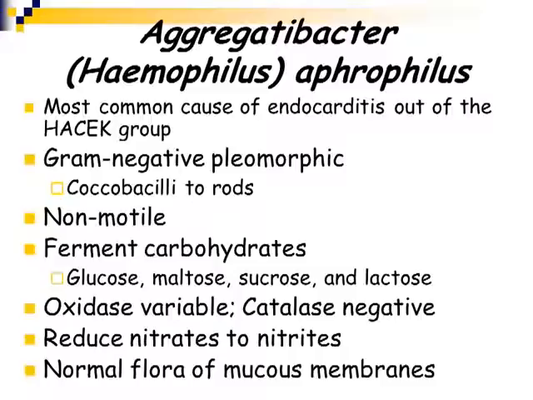They ferment carbohydrates, specifically glucose, maltose, sucrose, and lactose. They are oxidase variable, meaning they can sometimes be positive or negative, so oxidase is not a very good differentiation test. They're catalase negative. They reduce nitrates to nitrites, and of course they are normal flora of the human mucous membranes.